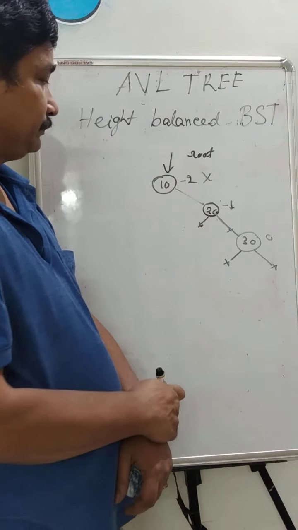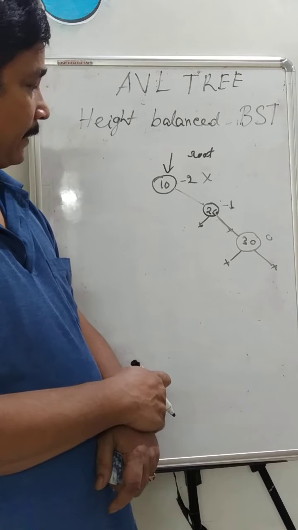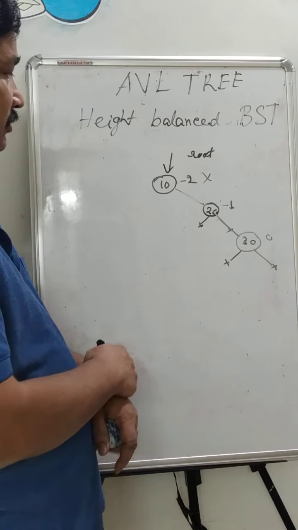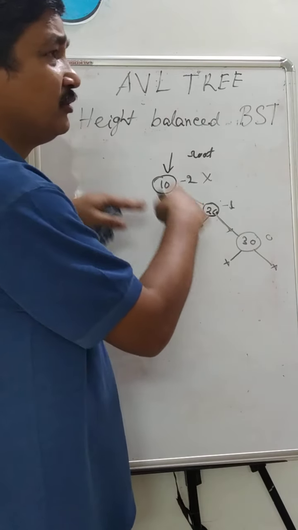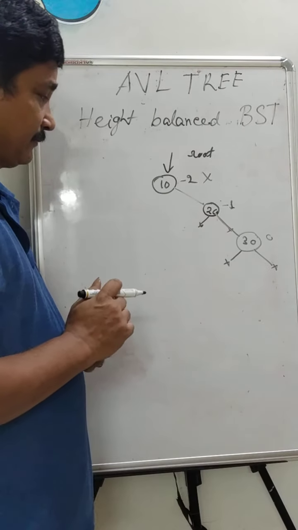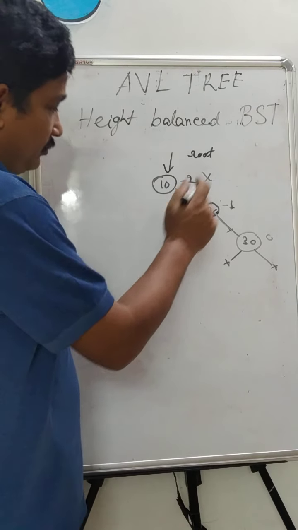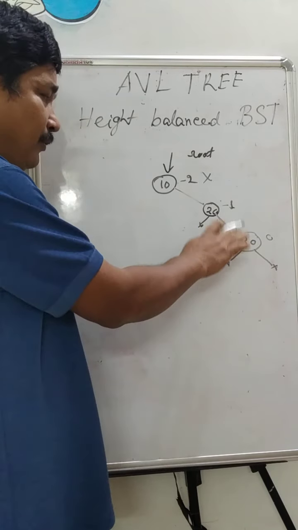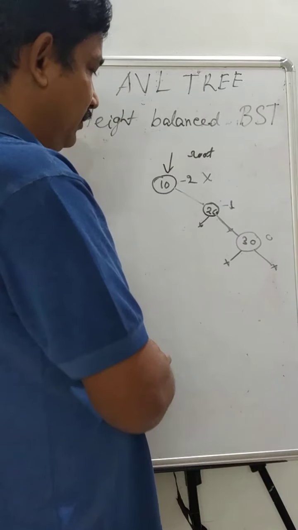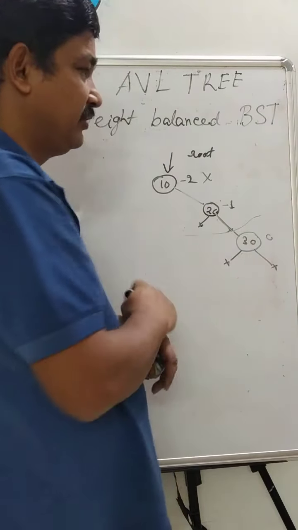So we need to do some maintenance operation so that the balance factors of these nodes come within the recommendable ranges. Remember, before we inserted the new data, what was the tree?